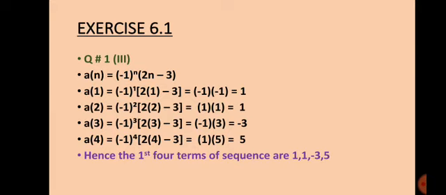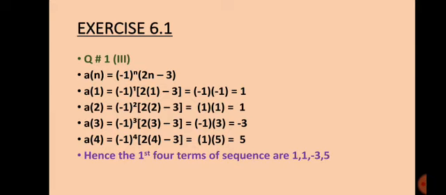Students, we have to calculate the first 4 terms. So if we put the value of n is equal to 1, we will obtain the first term. Similarly, 2, 3 and 4 will give us the next terms.